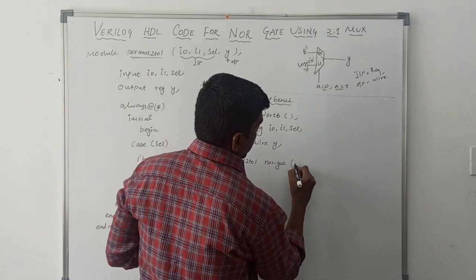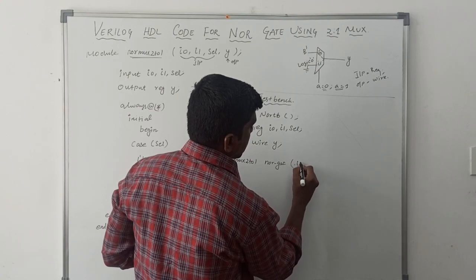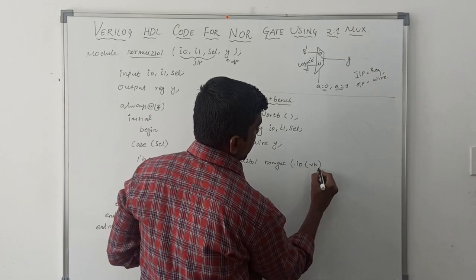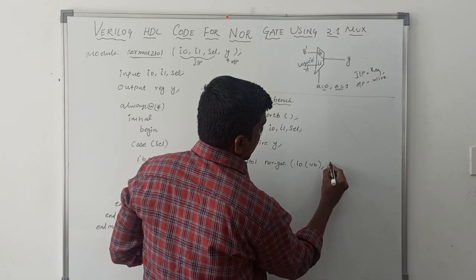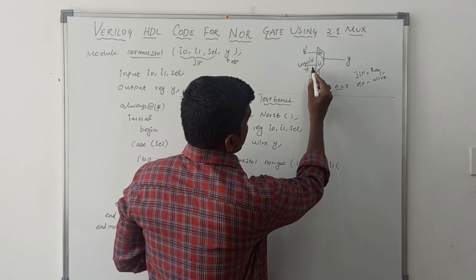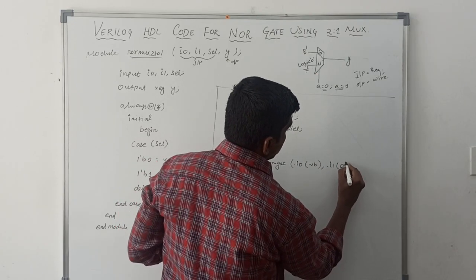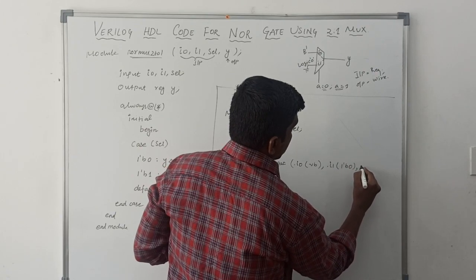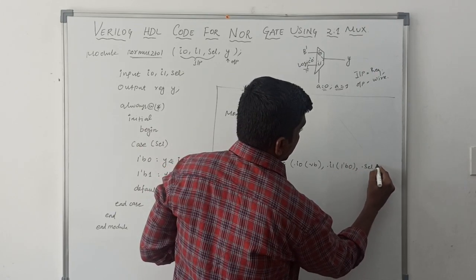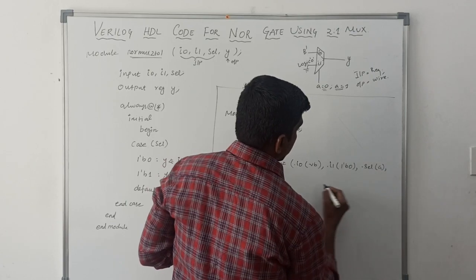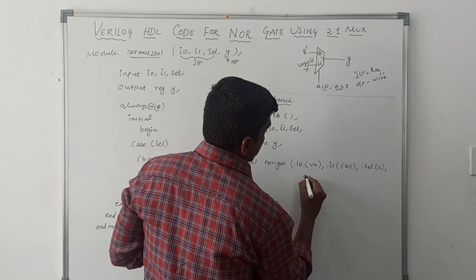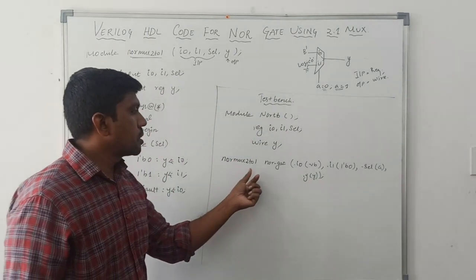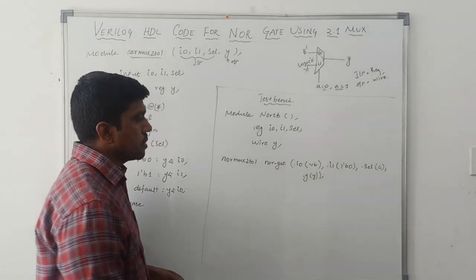Then within brackets mention the instantiations: .I0 equal to B bar, so not of B. Then .I1 equal to 0, so 1'b0. Then .selection line, and the selection line is A. Then output .Y. This is the simple way to declare the instantiations.